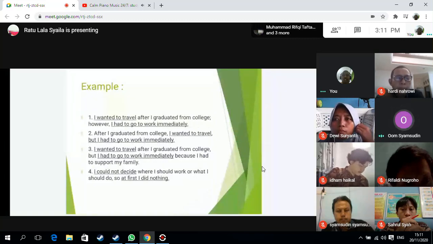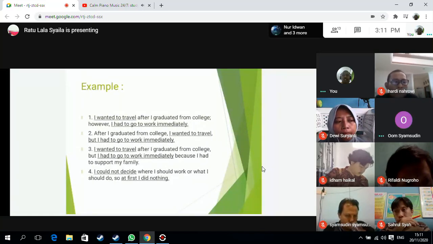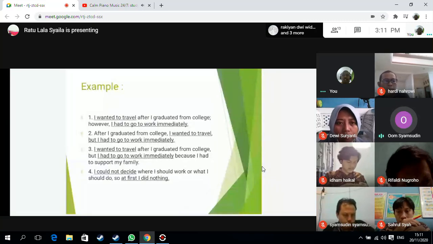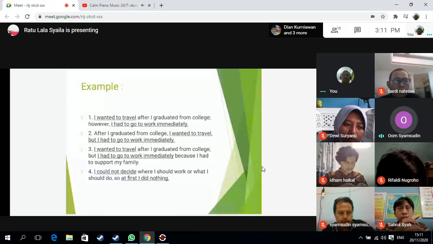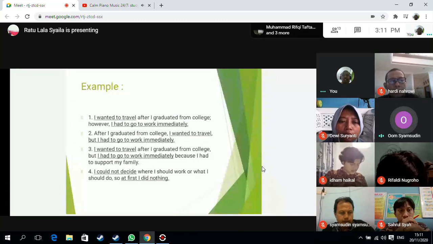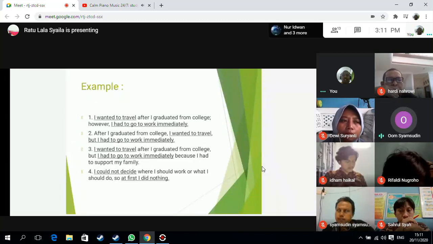Jadi misalnya, I want to travel, itu betul-betul logika bahasa Indonesia. Saya ingin jalan-jalan mungkin maksudnya ya. Atau saya ingin traveling, biasanya begitu kan. After I graduated from college, setelah saya lulus, gitu kan? But I had to go to work immediately. Tapi saya harus segera bekerja.